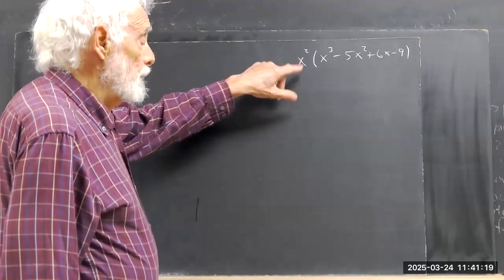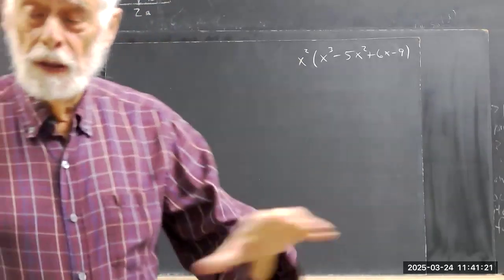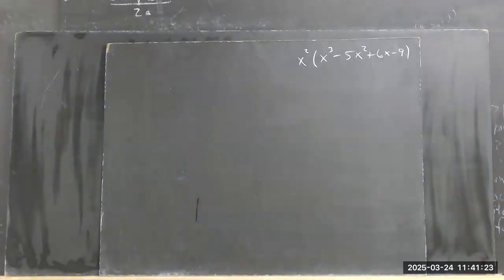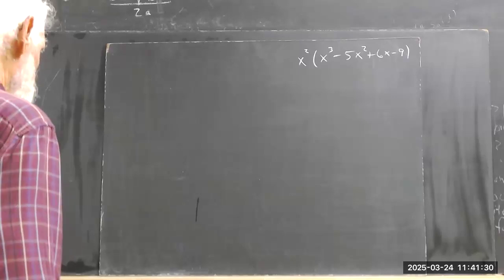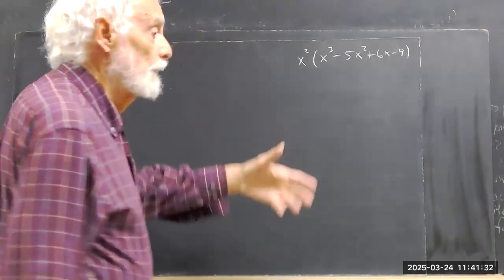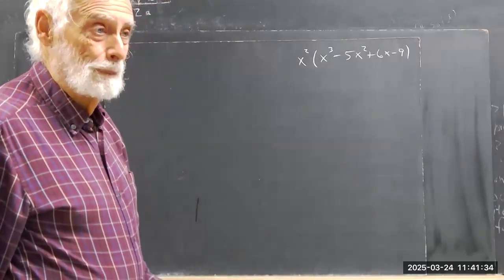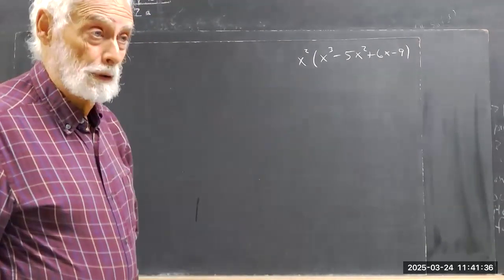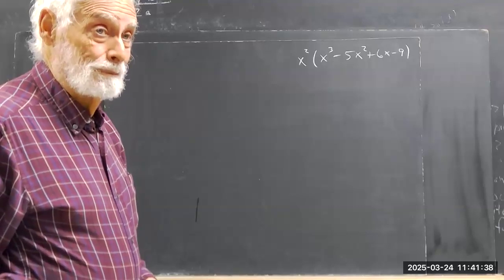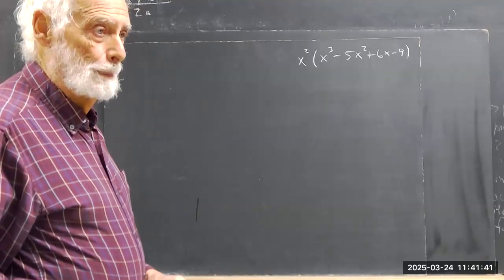Now, this means x squared is multiplied by every term in the parentheses. That's called the distributive law of multiplication over addition. We usually just say the distributive law, but there are a number of distributive laws in mathematics, okay? This is the only one you're going to be dealing with now or in the near future, okay?